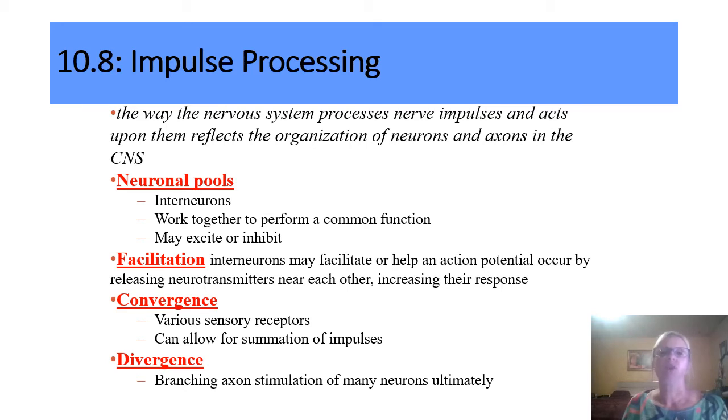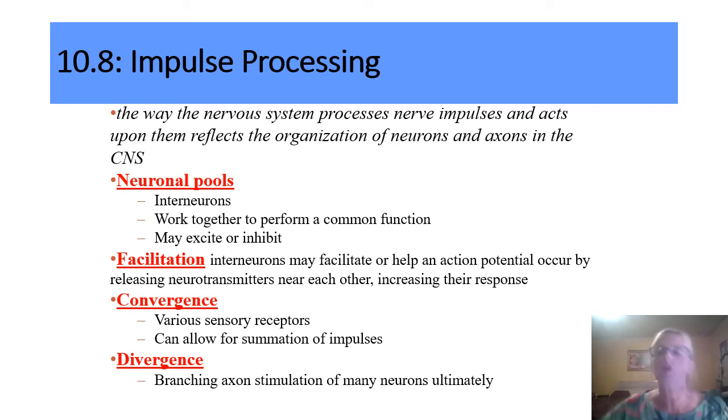We have convergence, and that is when a single neuron in a pool can receive input from multiple neurons. So it's taking a bunch of messages in. If they come from different parts of the nervous system, they can converge or come together and allow the neuron to sum those impulses from different sources. And then we have divergence. The neuron is going to branch at several points and can signal multiple neurons.